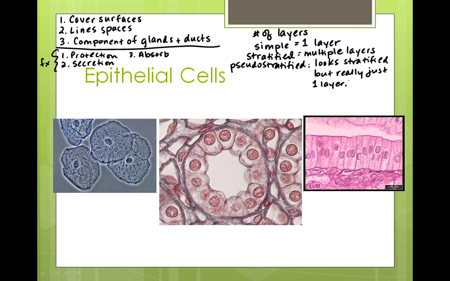So those are the 3 layers. And then you would combine the term simple, stratified, or pseudostratified with the shape of cell that you have. So the 3 pictures that you see here demonstrate what the 3 different shapes of epithelial cells are.